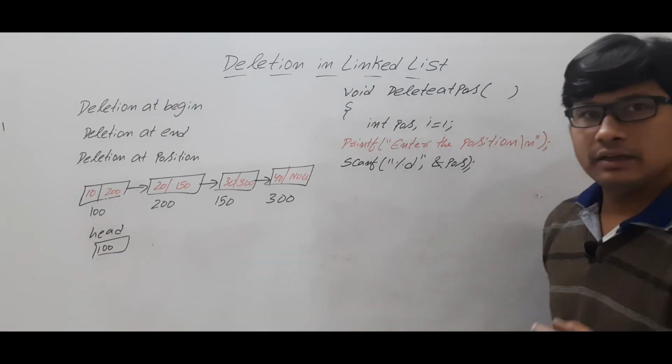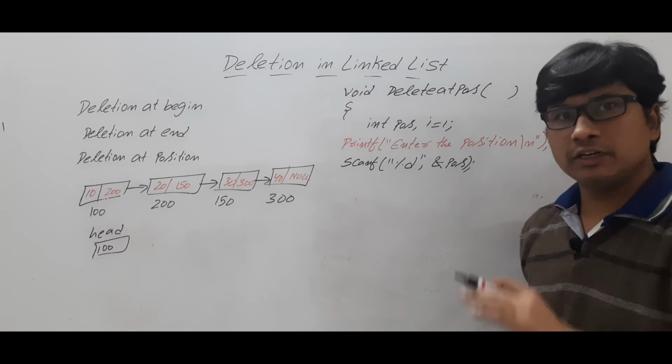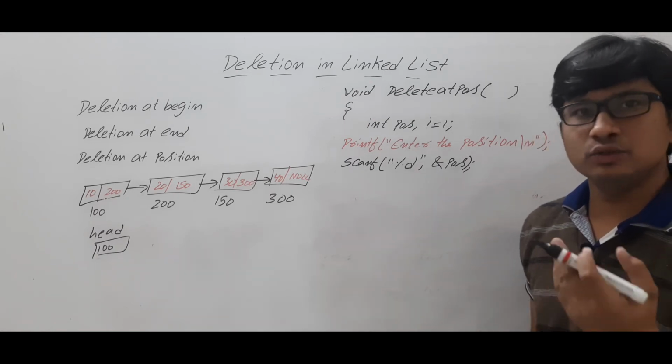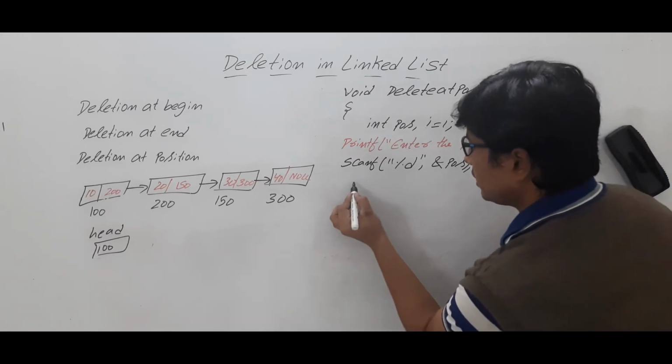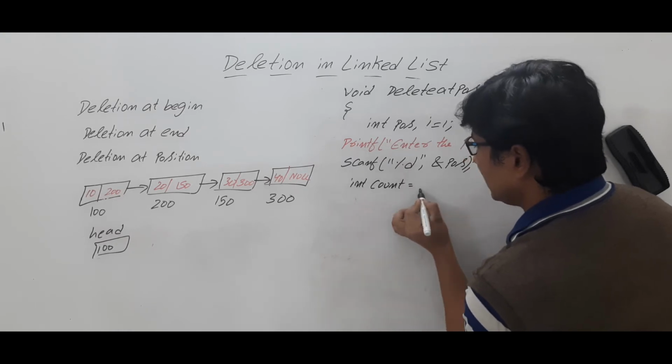In the last lecture, when inserting after a particular position, I discussed a user defined function called length. Please refer to that lecture. I will write int count is equal to length.